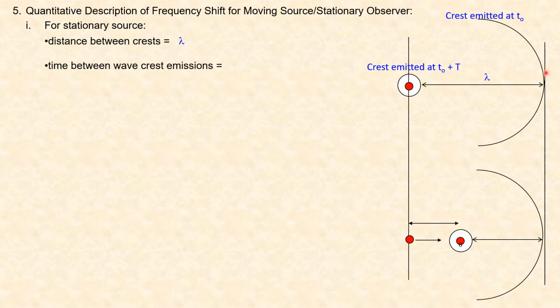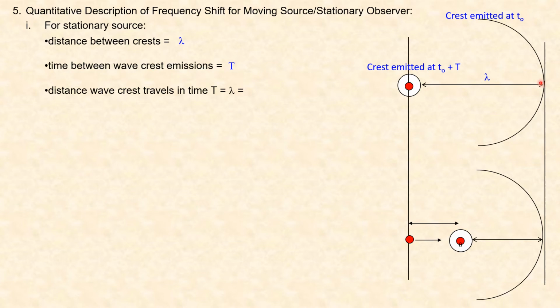We said the time between wave crest emissions is what we call the period. Now, the distance the wave crest travels in a time equal to one period is what we call the wavelength. Remember, this wave crest that I'm showing you here had to travel a distance equal to the wavelength in a time equal to the period.